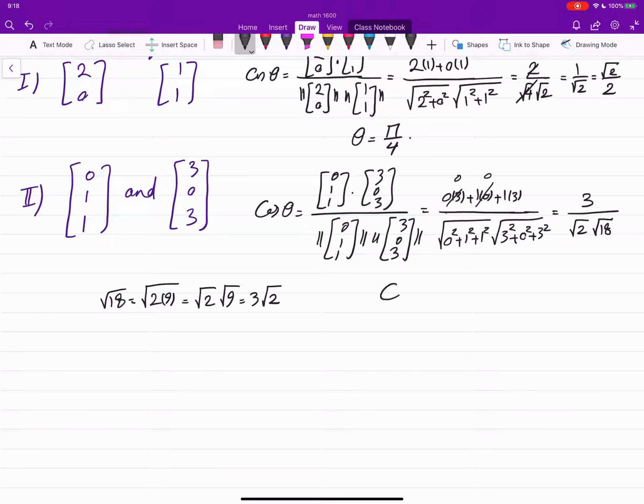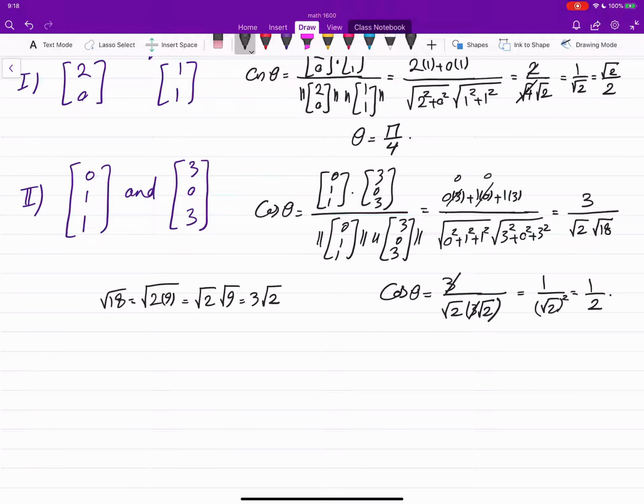So what we found here is cosine theta is 3 over root 2 times 3 root 2. And as you can see, this cancels with that, and you get 1 over root 2 times root 2, which is root 2 squared, and that is 1 over 2.